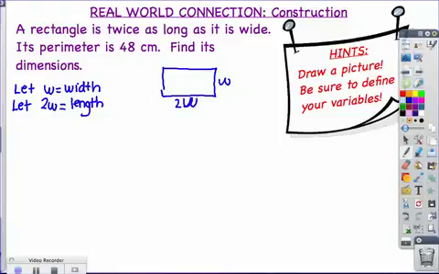Oh, but I'm sorry, they are consecutive even integers, which means I have to skip one number. So x plus 2 would be the second integer. And since we're skipping a number again, x plus 4 would be the largest integer.